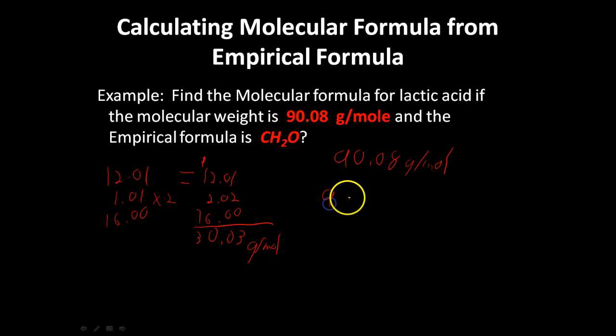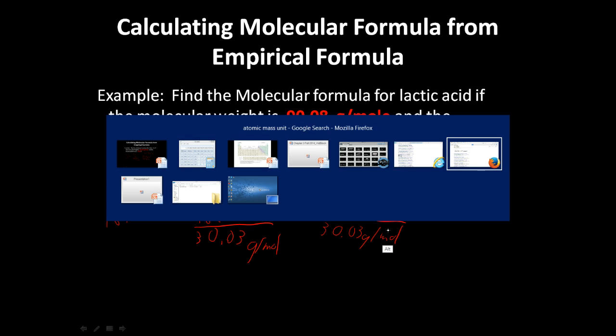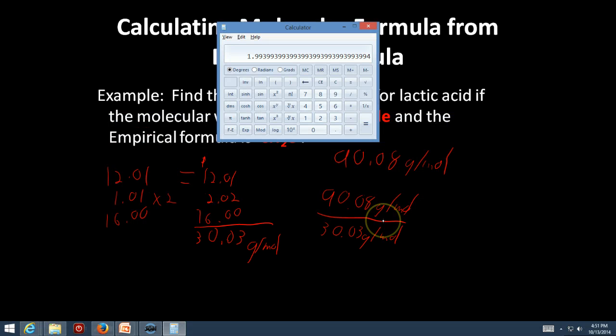Now we take this 90.08 grams per mole divided by 30.03 grams per mole. Get out the calculator again. I'll bet you can guess what it's going to be, but let's put it in just to show it. Divided by 30.03.